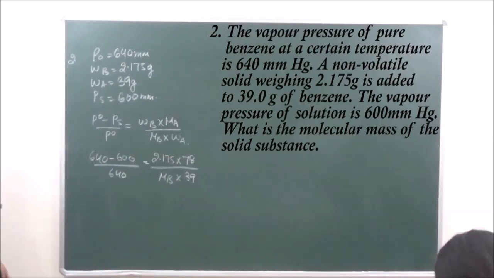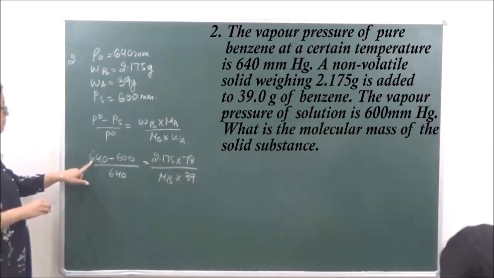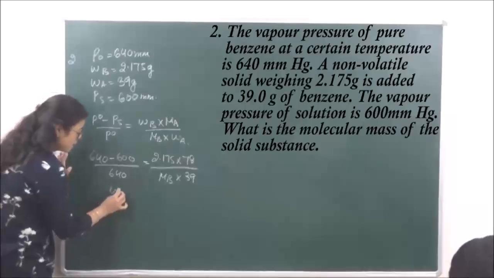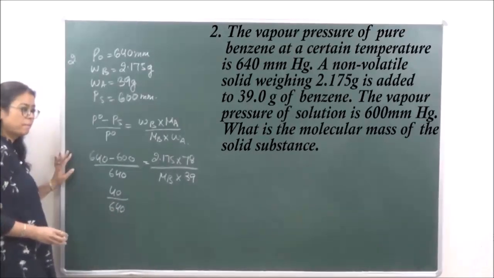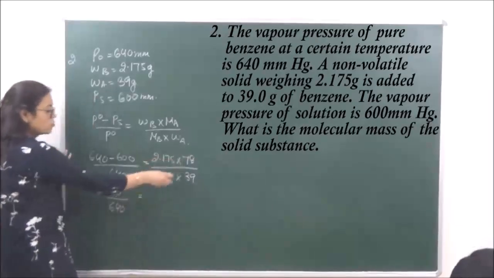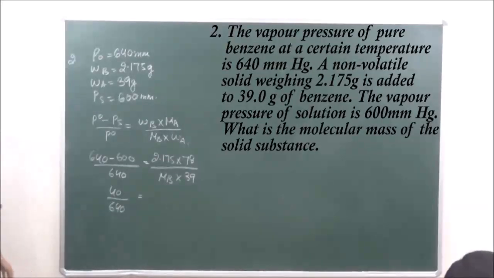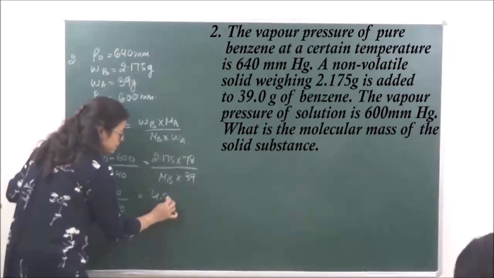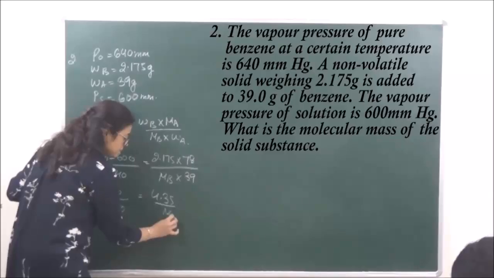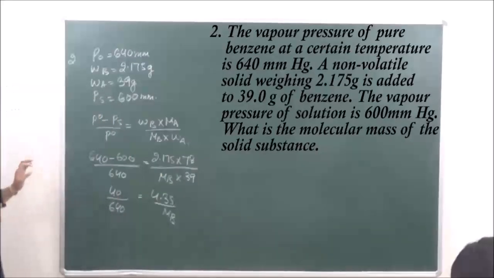Okay, so now when we are calculating, this will come as 640 minus 600, 40 upon 640 that is equal to, when we calculate this, this is coming as 4.35. Right?